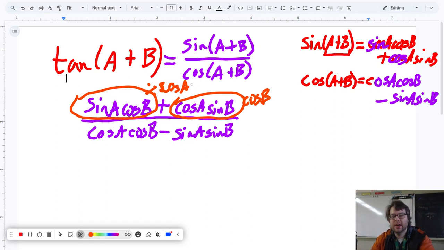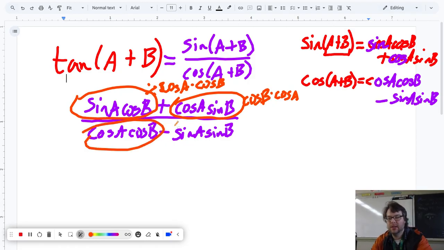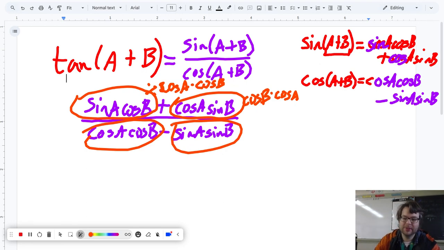So I'm going to divide by cosine A and cosine B. Now at least I'm keeping it even: I'm dividing both terms on the top by cosine A and cosine B. But that makes the fraction out of balance. If I do something to the top, I've got to do it to the bottom. So I'm also going to divide the terms on the bottom by cosine A and cosine B.